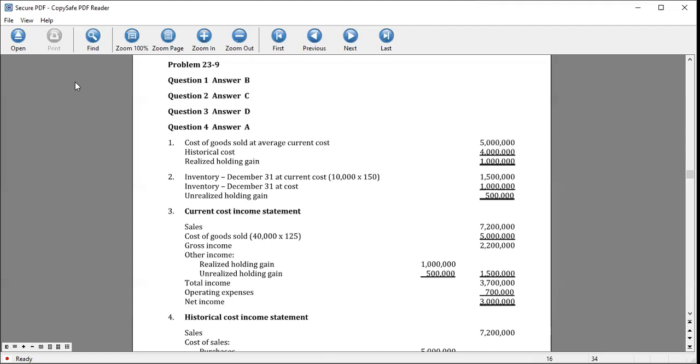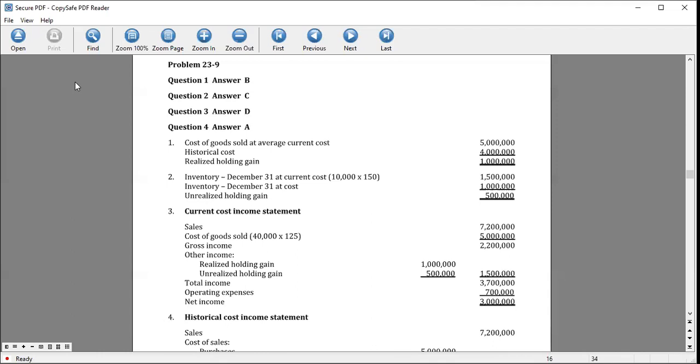While the ending inventory is with again 50 historical cost, 5 million average current cost, and then the historical cost of 4 million. We have the realized holding gain on inventory for the current year equal to 1 million. Then number two, the unrealized holding gain on inventory is 500,000. The inventory end at current cost.